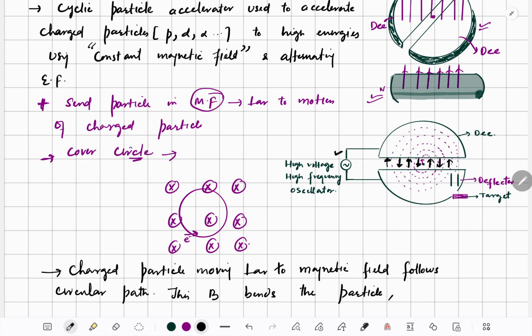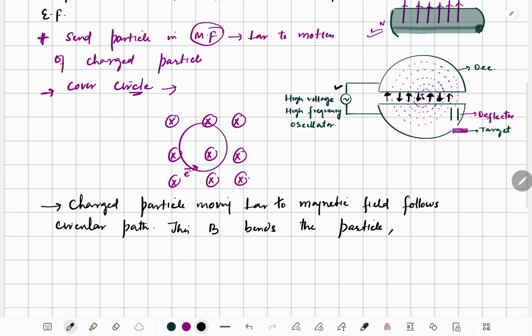I hope you know about ACs. And this electric field accelerates the charged particle. I hope you understand the basic principle.